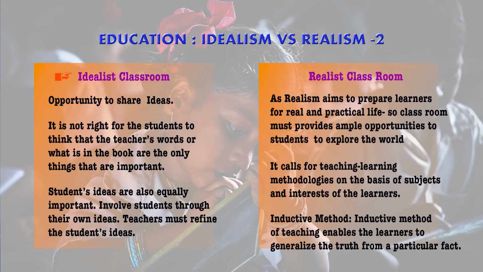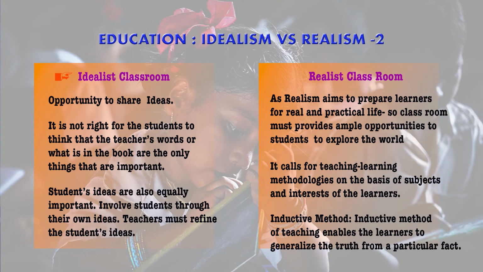Now, it is also important to think about how an idealist classroom looks and how a realist classroom looks. Of course, you can probably notice I have written class and room separately in realist, and classroom as one word in idealist. It is a very conscious effort; it's not a mistake. What I am trying to say is that within the idealist classroom, ideas come in an integrated manner.